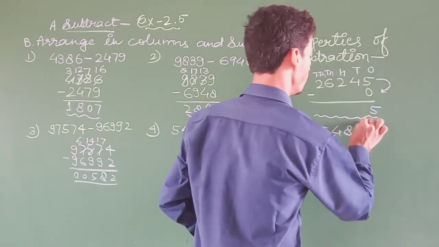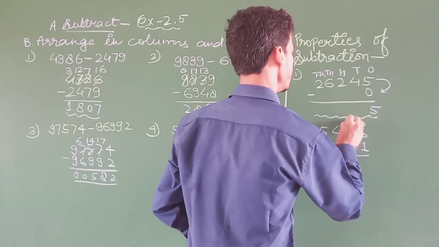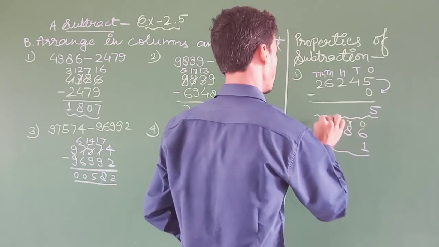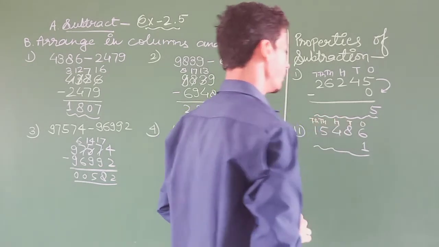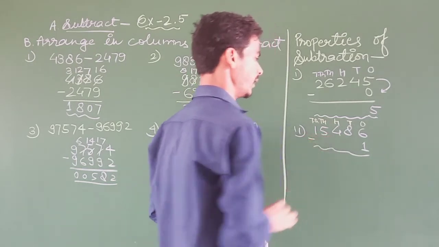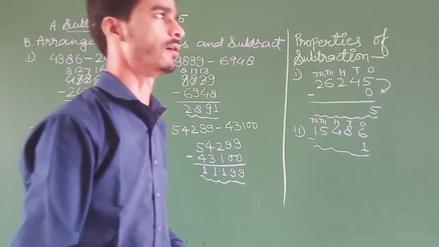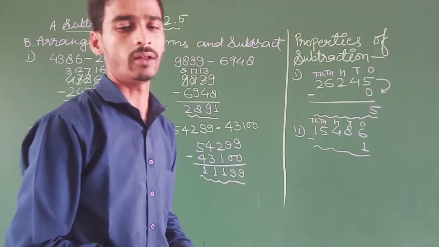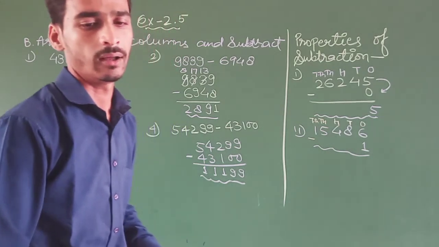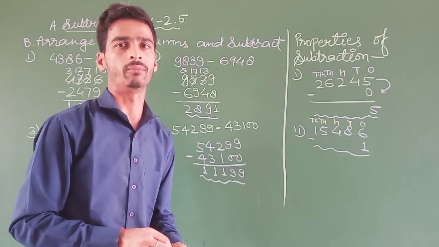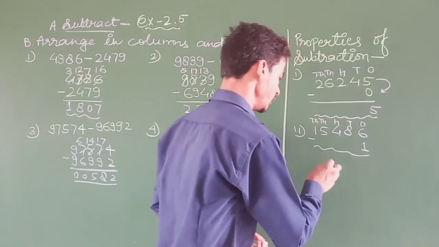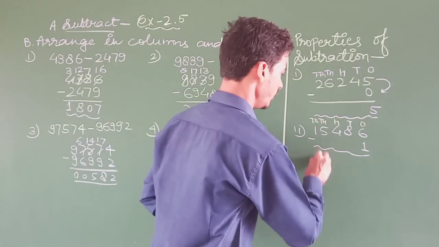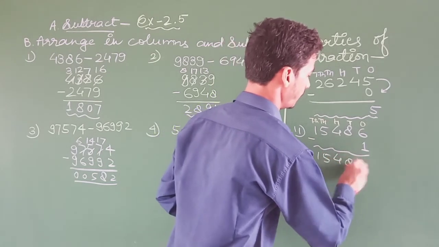When you subtract 1 from a number, the difference is the predecessor of the number. So the answer is 15,485.